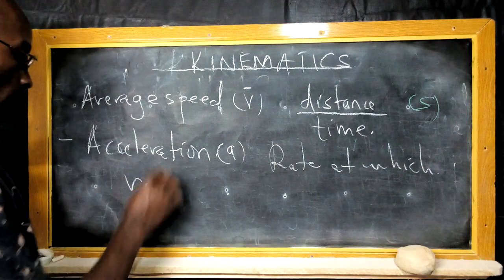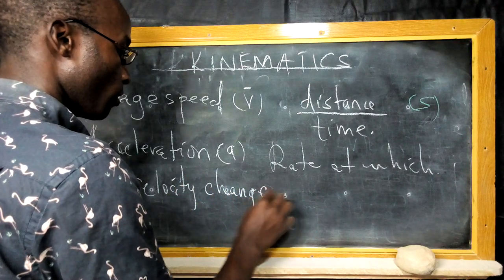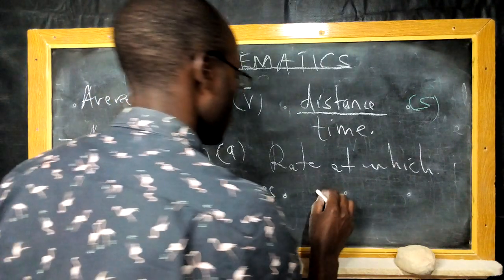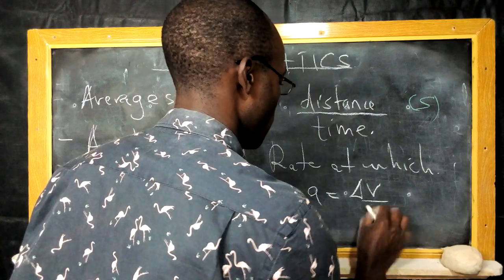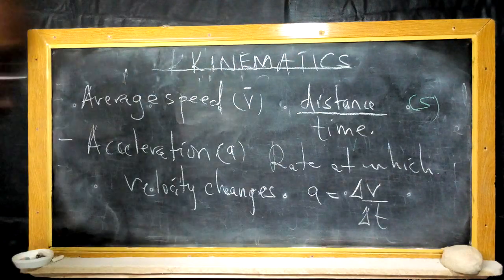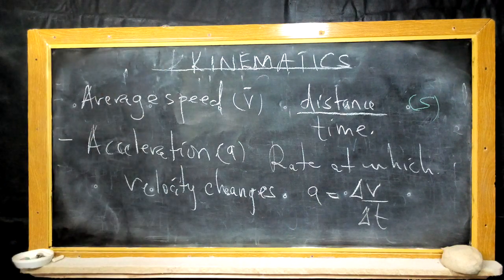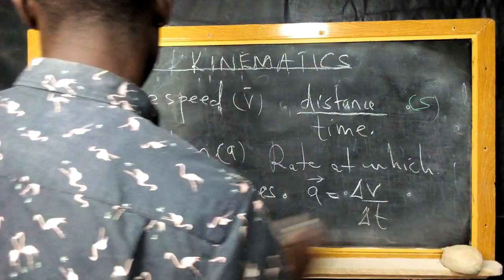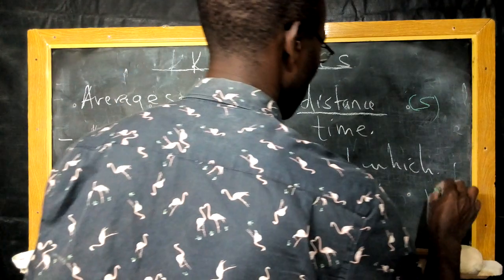We can give it in an expression form: acceleration equals change in velocity over change in time. That's just an equation for defining acceleration. And in that case, it has direction, so this also is a vector quantity.